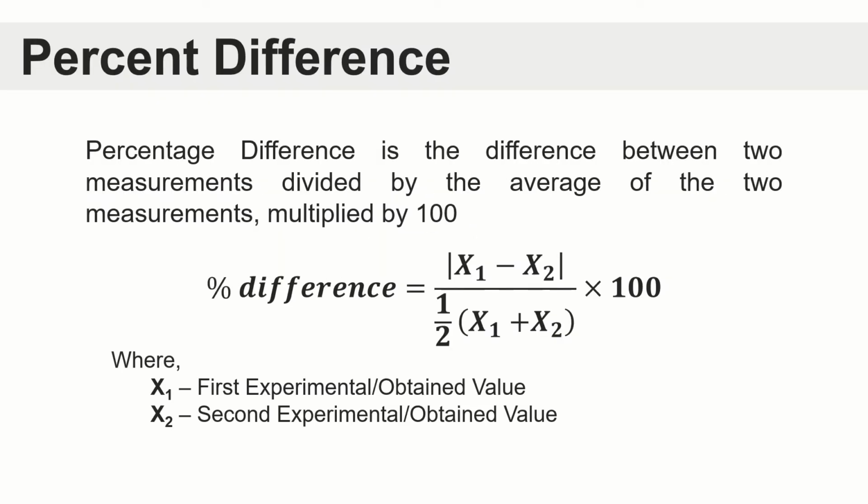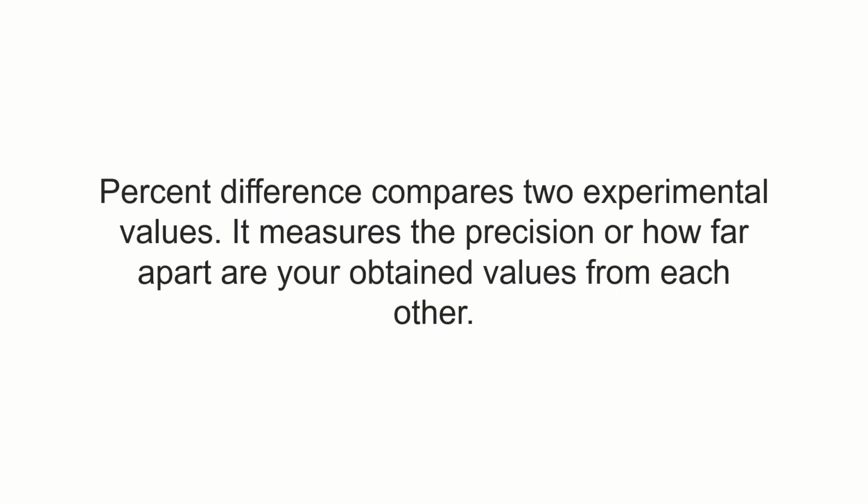On the other hand, percent difference is a measure of precision. Here, in absolute error and in percent error, we compare the error to the true value.